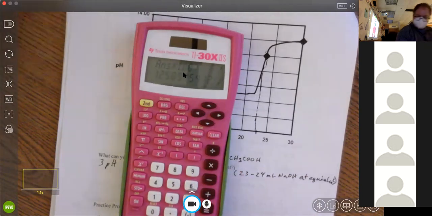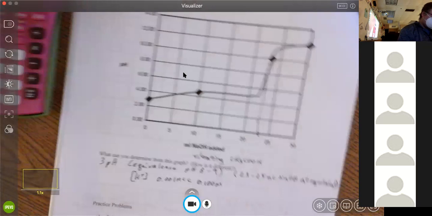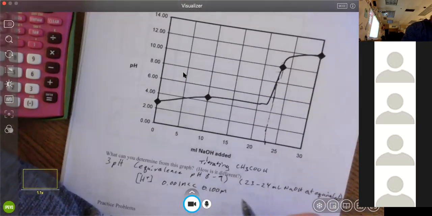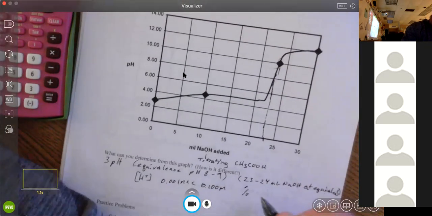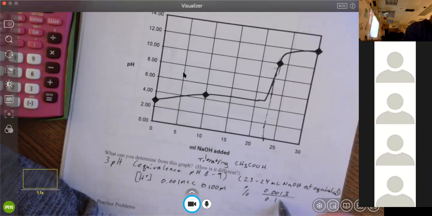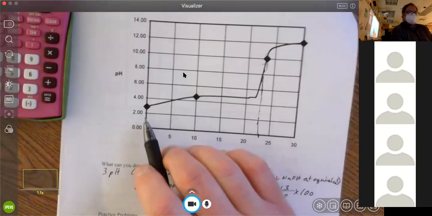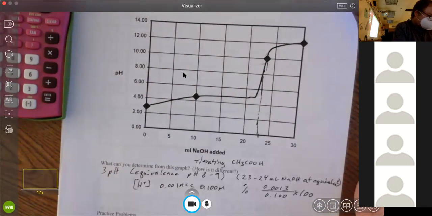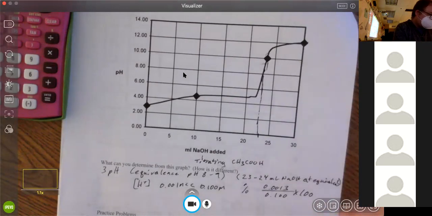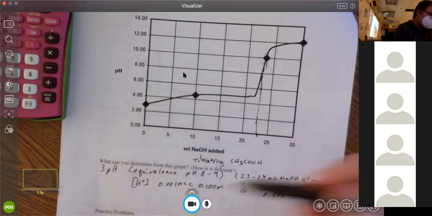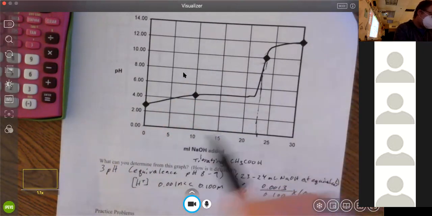And we'd see we get like 1.3% ionization. We could go further on that, but that's probably good enough. Just with the graph, there's a lot of things that you could find.